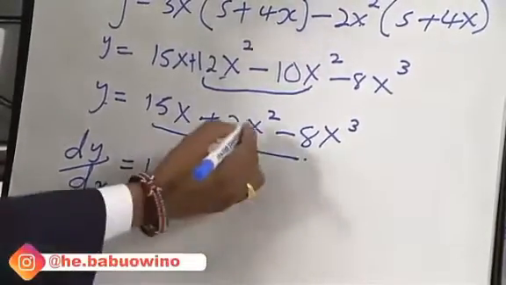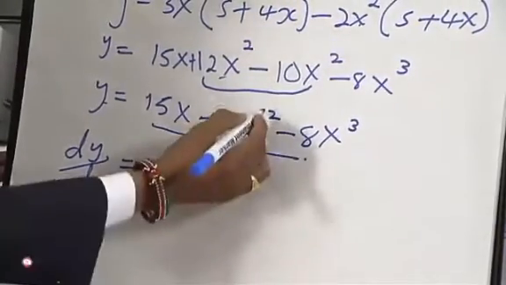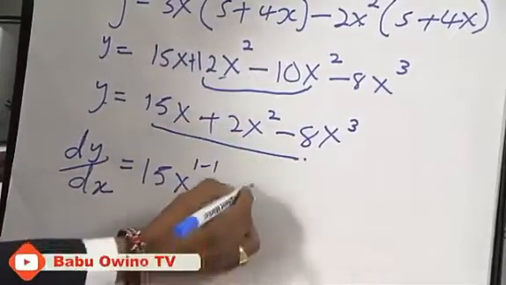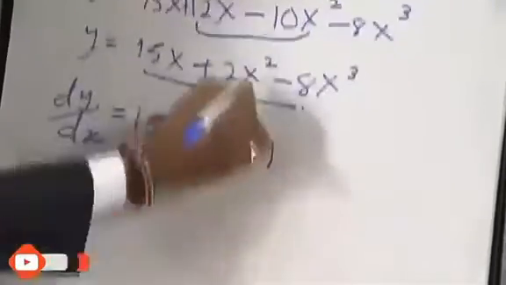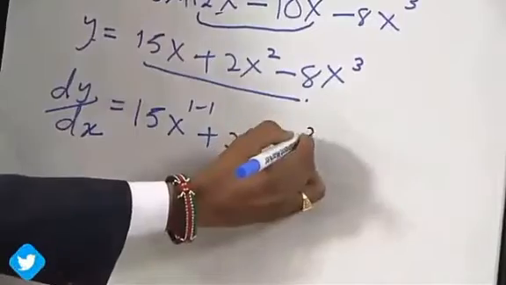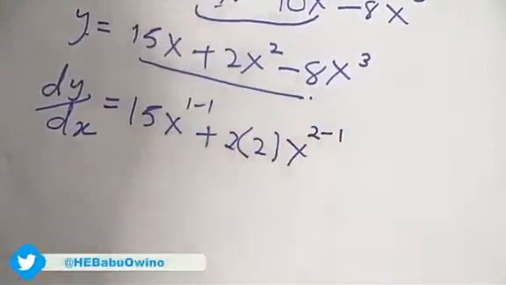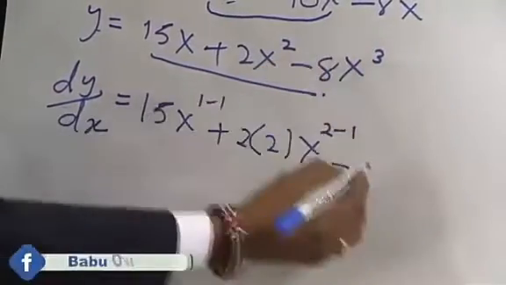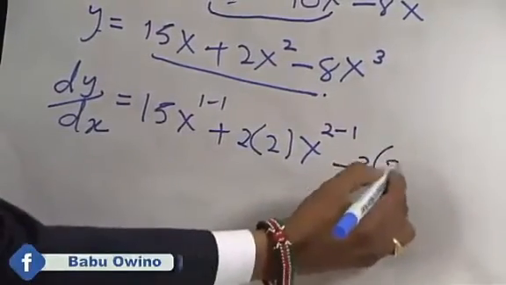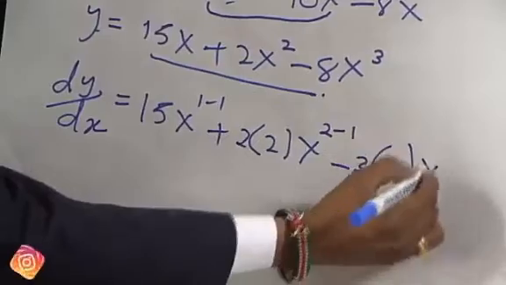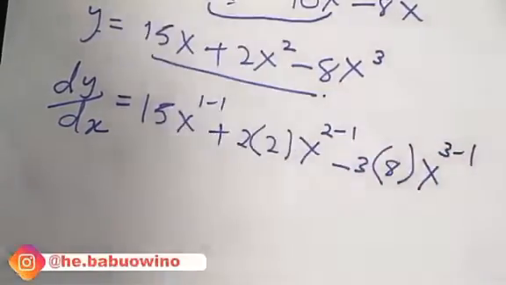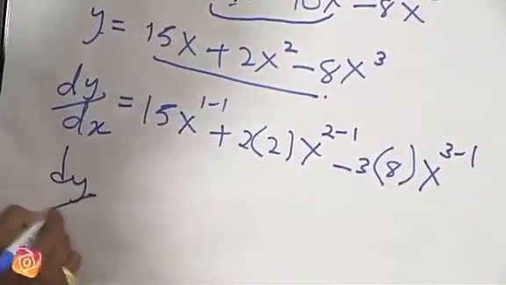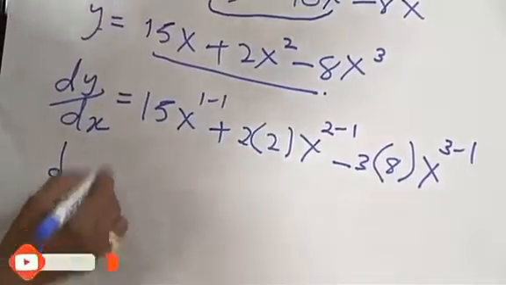Then plus 2x squared differentiated, you drop down the power 2, multiply by the constant 2, then we have x, and 2 minus 1. Minus, drop down power 3, multiply by 8, x cubed, and you subtract 1.